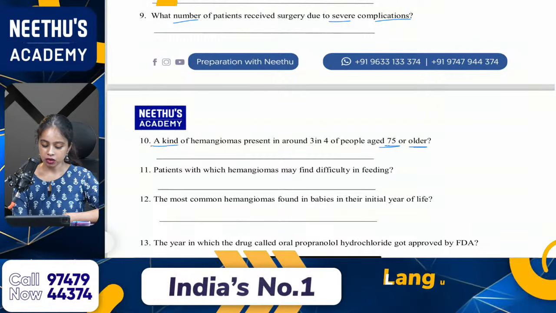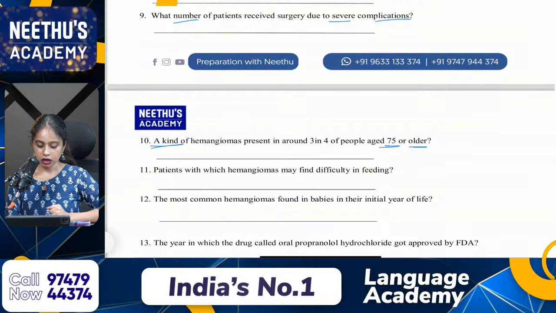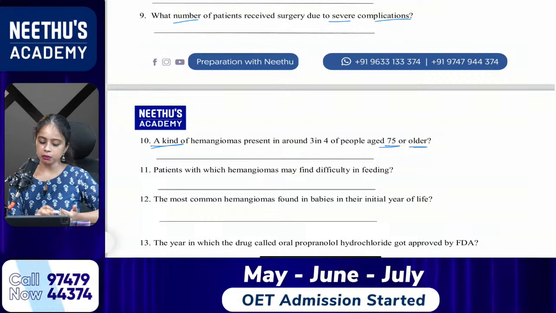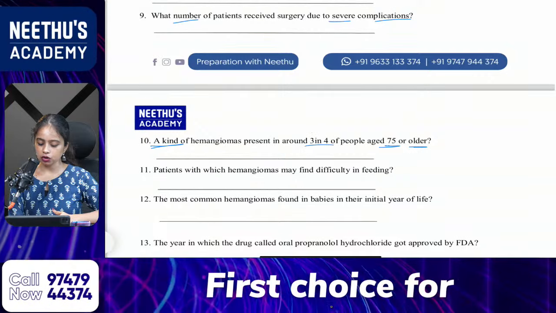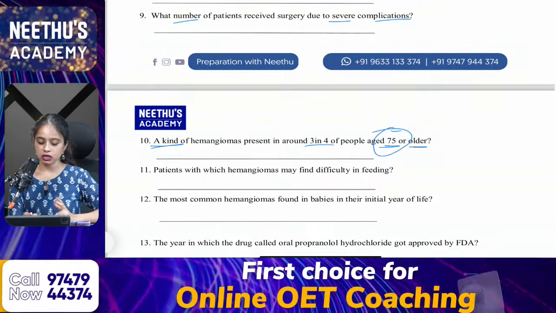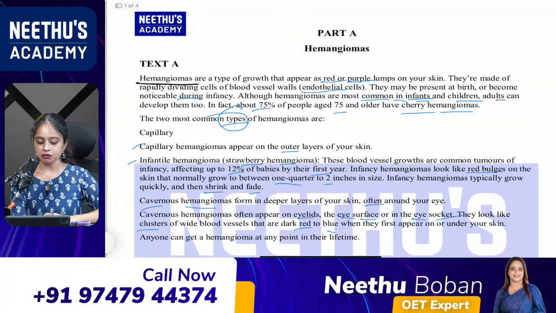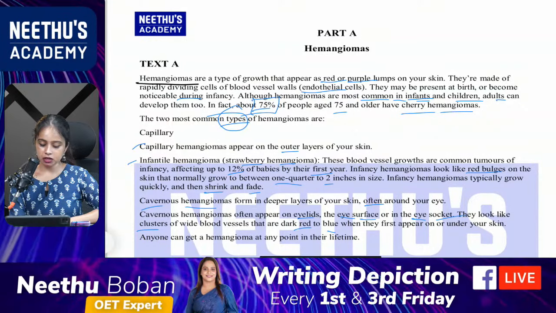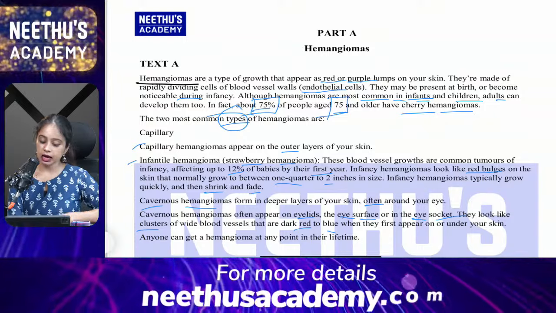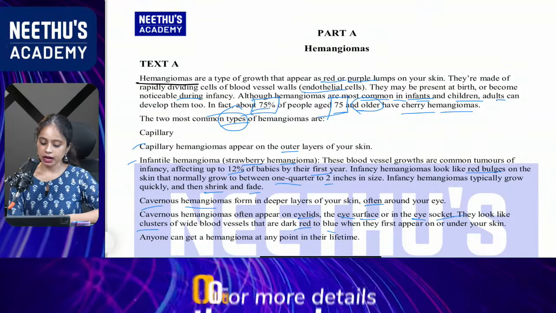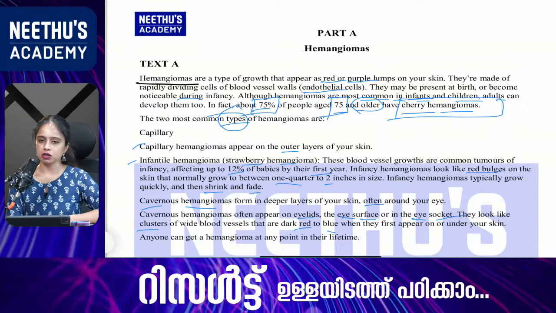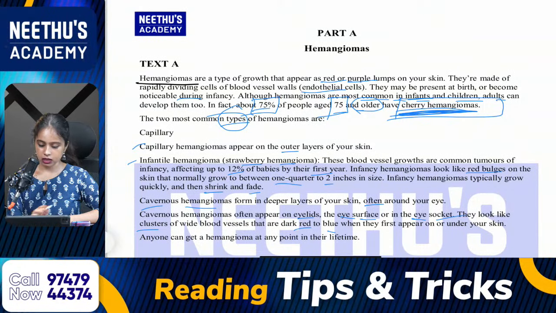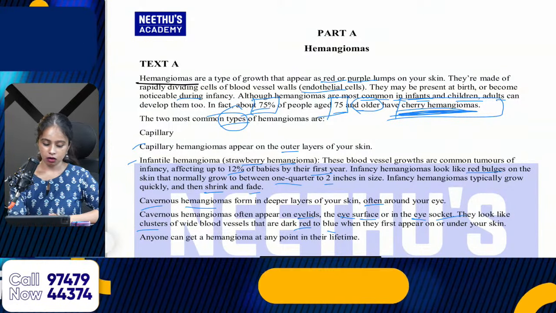The keywords: a kind of, which means a type of hemangioma, which is mentioned in text A. And the proportion, around 3 in 4, or 75. That is directly mentioned in the first paragraph, the last line: in fact, 75% of people aged 75 and older have cherry hemangiomas. So the answer is cherry hemangiomas, from text A, first paragraph, last line.